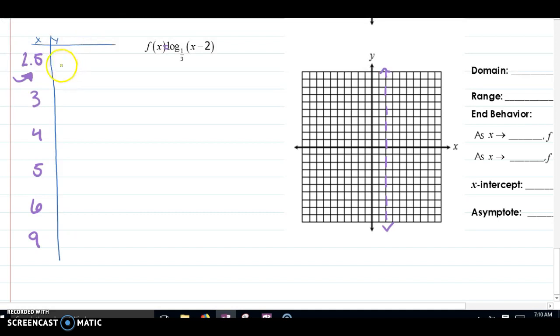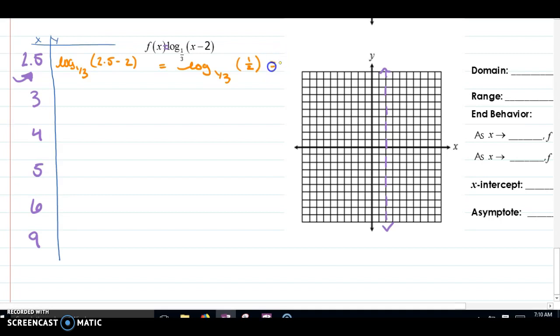And what that looks like is log base 1/3 of 2.5 minus 2, which is log base 1/3 of 1/2 or 0.5, whatever works for you. So you're just going to type into your calculator log of 0.5 divided by log of 1/3.